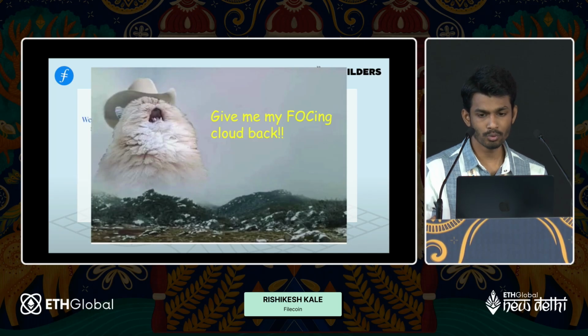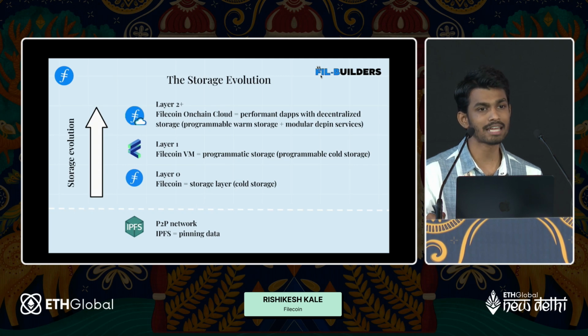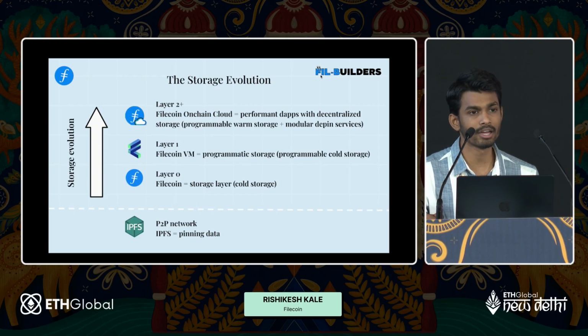So moving on to the next thing: what makes us think about the requirement of Filecoin Onchain Cloud? The first thing is that we started from a very basic distributed or decentralized storage solution. We started with IPFS, but then we thought it lacked reliability as a decentralized solution.